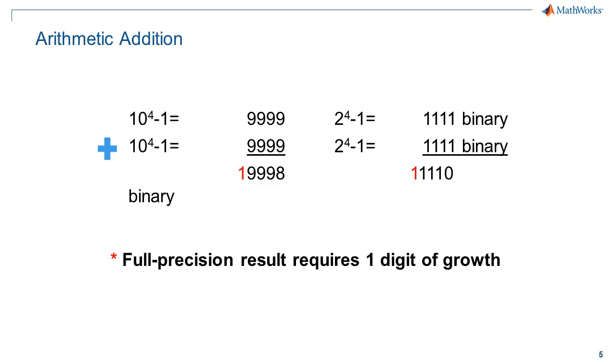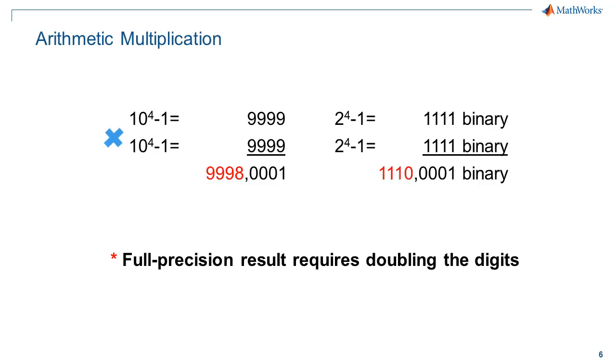If you had a 4-digit base 10 number, in the diabolical case, if you take the largest two and add them together, you grow by 1 digit. The same thing happens in binary: you would grow 1 bit. Now, for multiplication, the word length actually doubles. So we have this notion of grow 1 digit on an add and double the word length on a multiply.